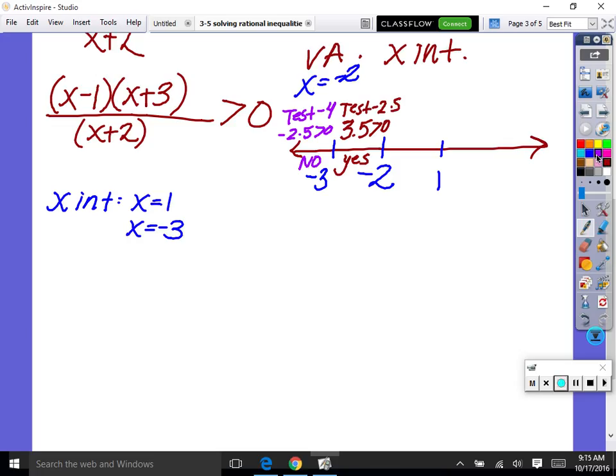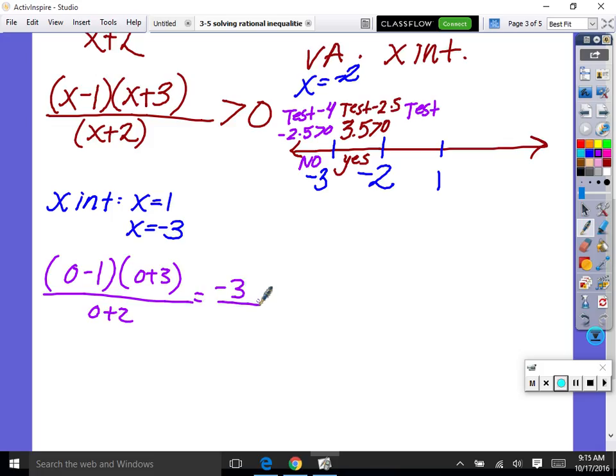Okay, let's test between negative 2 and 1. Won't 0 be the easiest? So let's think about that as 0 minus 1 times 0 plus 3 all over 0 plus 2. So on top, won't we have negative 3, and on the bottom, 2. So is negative 3/2 greater than 0?